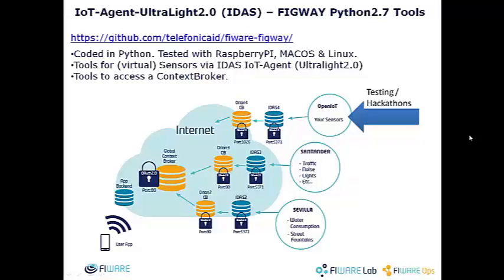So that would be a specific implementation of the IDAS enabler, and you can get the code at the URL here in GitHub, and you will have everything at hand to connect your application to all this data. There's currently this public ContextBroker on the Fiware lab, and it collects information coming from different cities and different sensors in each city.